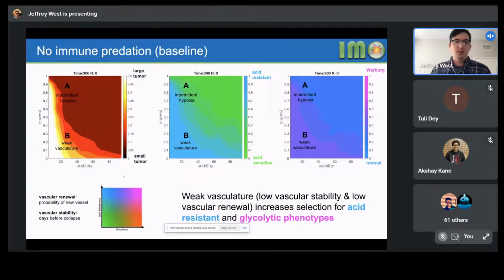On these same two axes, we see the evolution of these phenotypes over time. And you can see here that larger tumors in white typically are associated with this weak vasculature case in the bottom left. It's also associated with highly acid resistant in blue and this more purplish pink Warburg phenotype. So in other words, harsh vasculature conditions select for aggressive phenotypes, and those tumors grow faster.